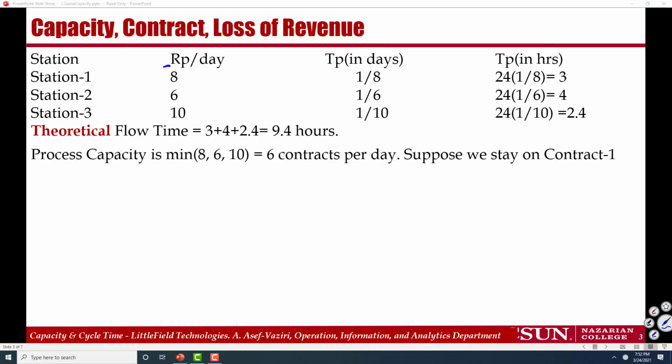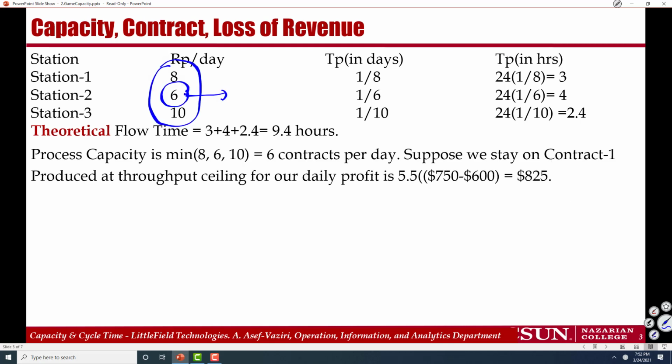If these are the capacity of the 3 stations, a chain is as strong as its weakest link, and therefore the capacity of the system is 6 per day. And we have produced 5.5 per day as it was given by the problem.